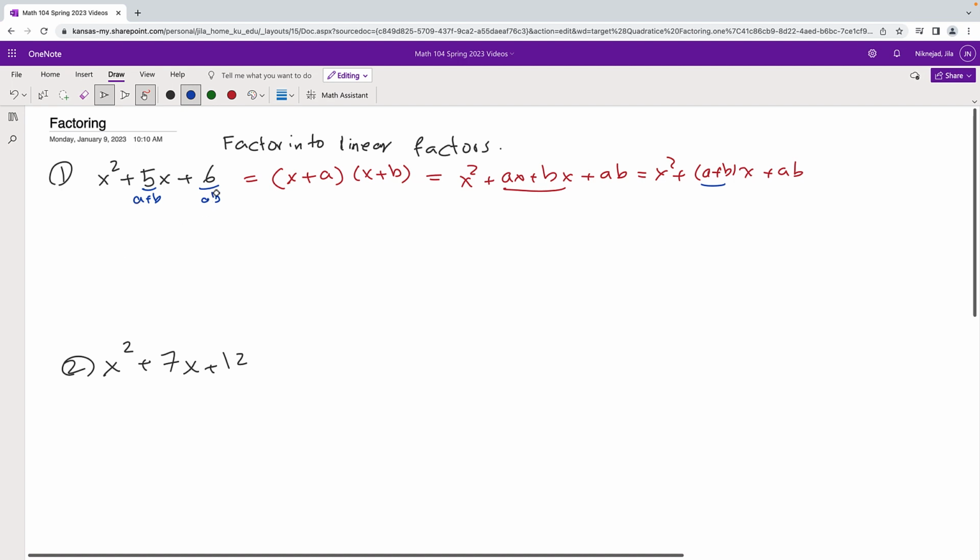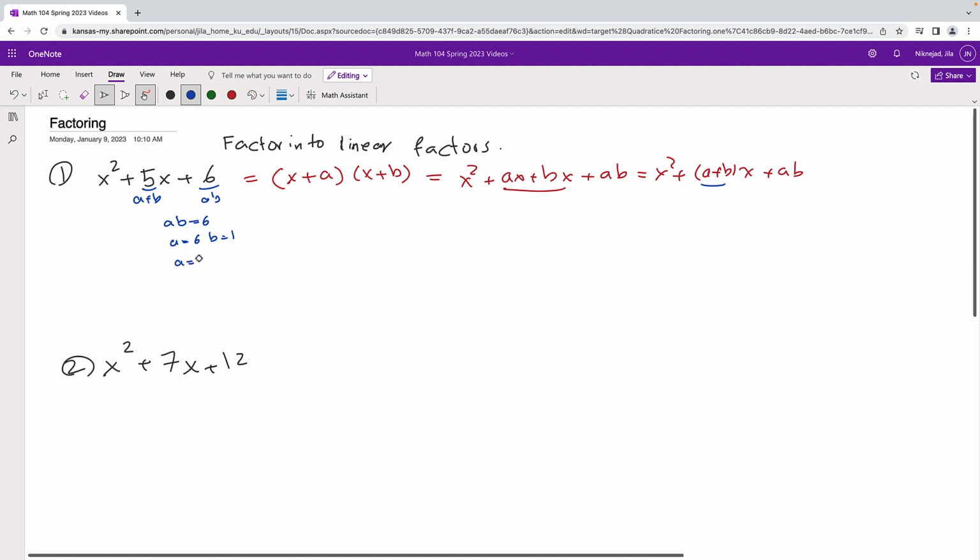Now, let's go about doing this. The choices that I have for a and b: since ab is equal to 6, either I can say a is equal to 6, b is equal to 1, or the opposite, but that doesn't change a whole lot.